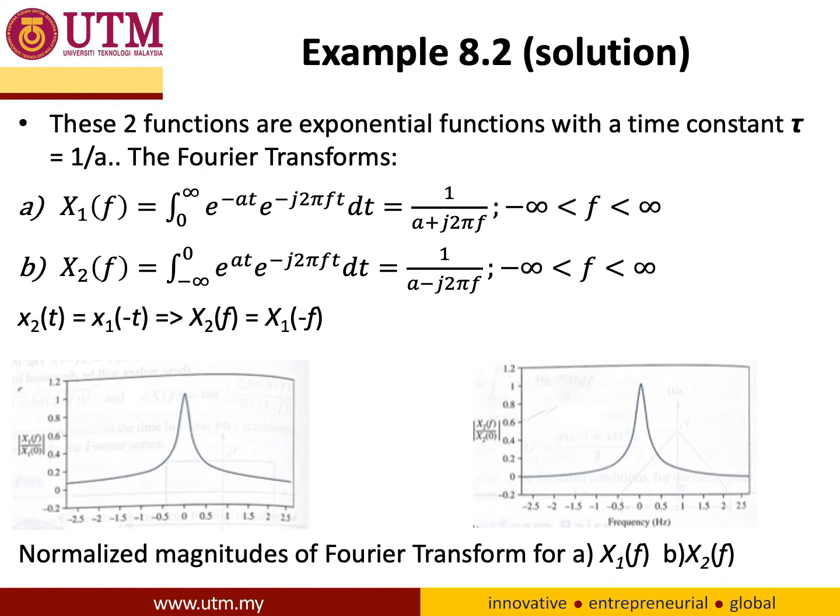The Fourier transforms are given here: X1 is 1 over a plus j2πf, and X2 equals 1 over a minus j2πf. The functions and their Fourier transforms are plotted, and the graph shows normalized magnitudes of the Fourier transform for x1 and x2.